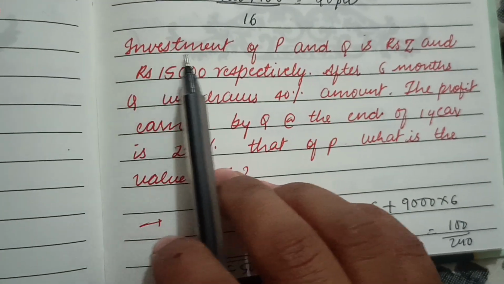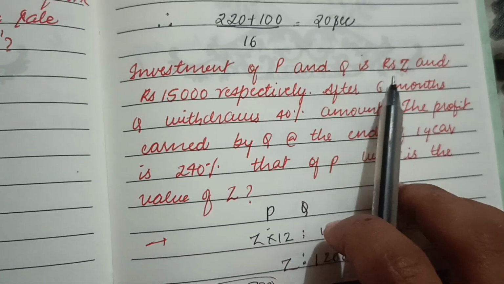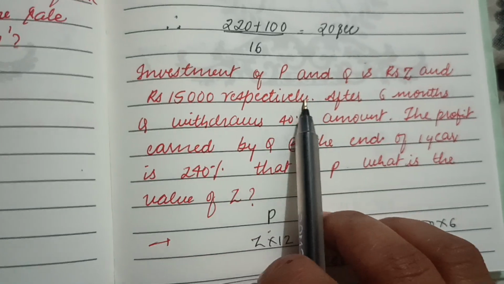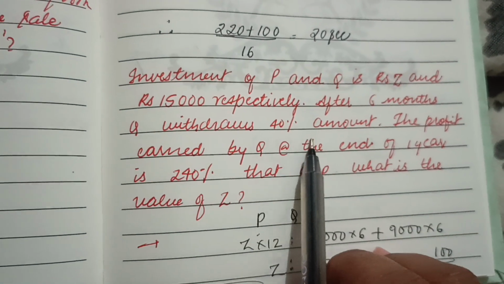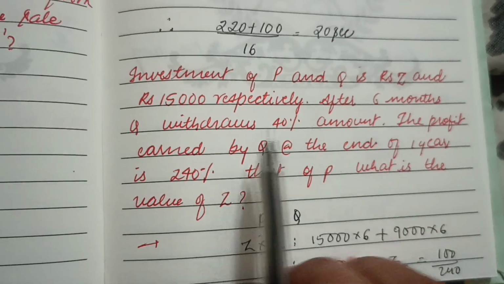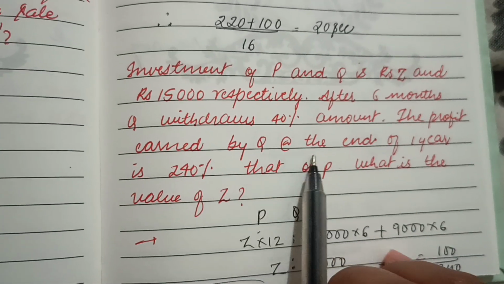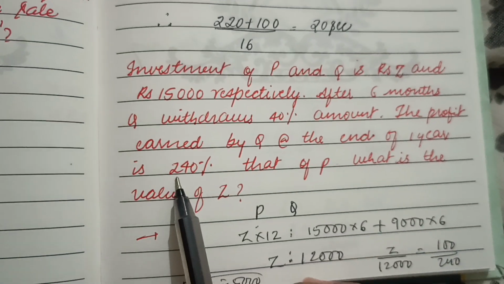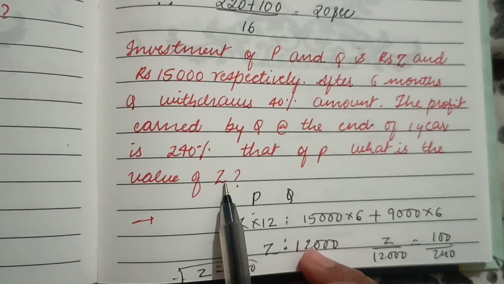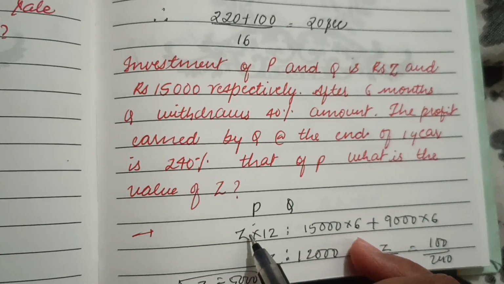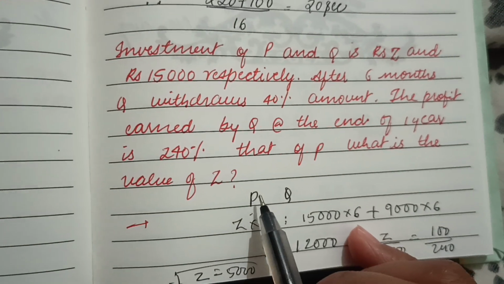Next, the investments of P and Q are Z and 15,000 respectively. After 6 months, Q withdraws 40% of the amount. The profit earned by Q at the end of the 1 year is 240% that of P. So what is the value of Z? This is the common partnership problem.